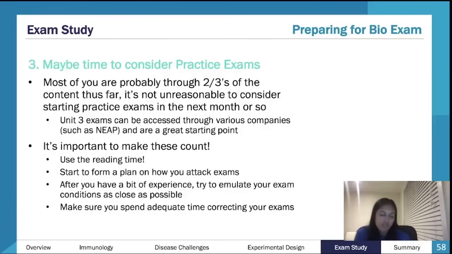Practice questions are different, but practice exams, I preferred to be a little bit more on top of the content, so I would be mimicking how I would feel on the day. A lot of my friends did practice exams before they finished the content. I just never really liked that idea. But again, it's whatever works for you.